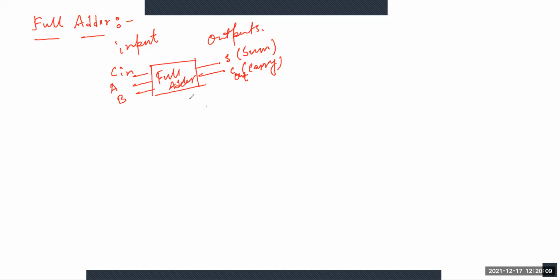For that multiple addition we need the full adder, and that is why in the full adder there is another input, C in. With the help of these 3 inputs we can perform multi-bit addition.